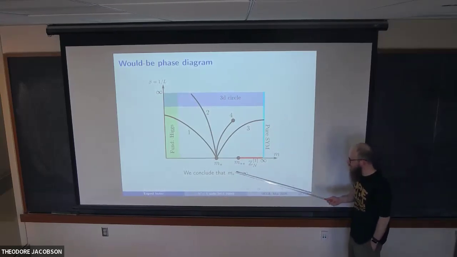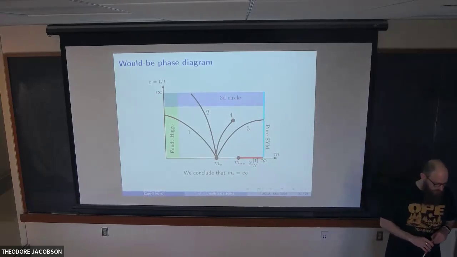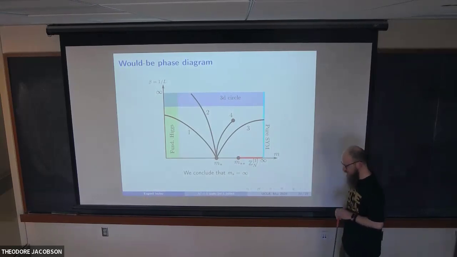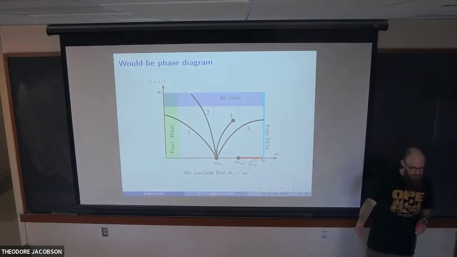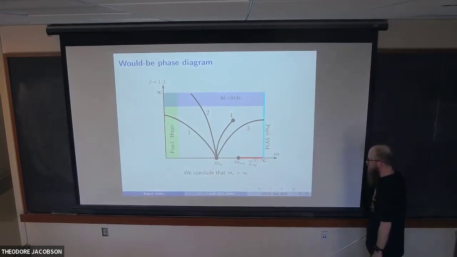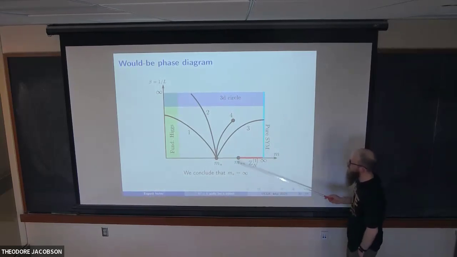So we want to argue that as the bulk quark mass is varied, there is no phase transition on the wall unless the quark mass is actually infinite. In one minute, this is the picture for the argument that we have.